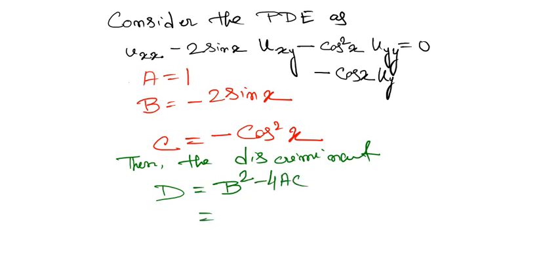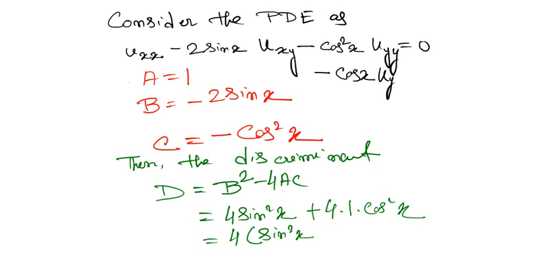So your b square is 4 into sin square x, and 4 into a means 1 and c means, so that will be plus cos square x. Very easy, then you can take 4 common, 4 into sin square x plus cos square x, hence this is 4, and which is positive.